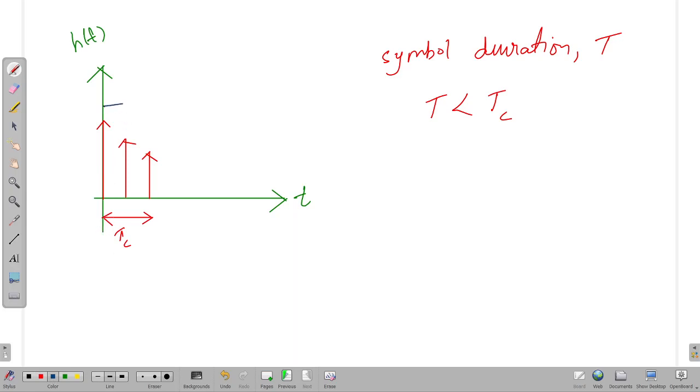This duration is t, like an example, it is actually the sampling period. In this case, t is less than tc, and you can see what happens.